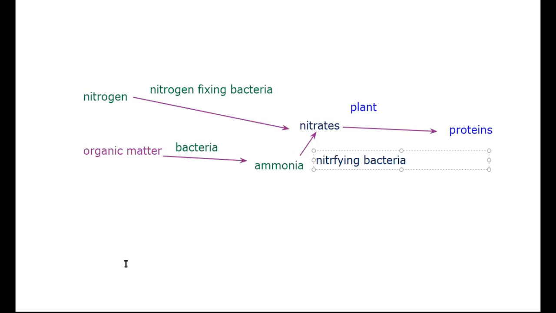So I have two sources of nitrates in the soil. Nitrogen using nitrogen fixing bacteria will be changed into nitrates, and organic matter will be changed into ammonia by the action of decomposer bacteria.